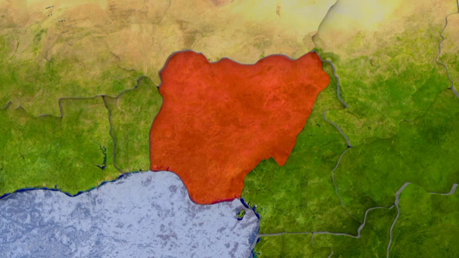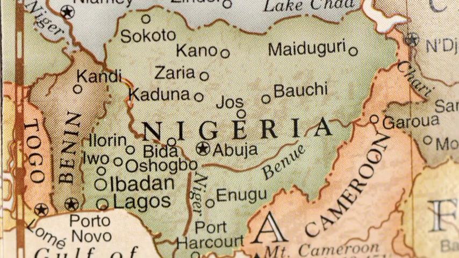In terms of population, we said Nigeria is the most populous single country in Africa with a population of over 200 million persons. And because of this population, Nigeria is often referred to as the giant of Africa.